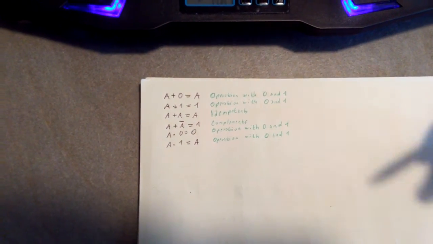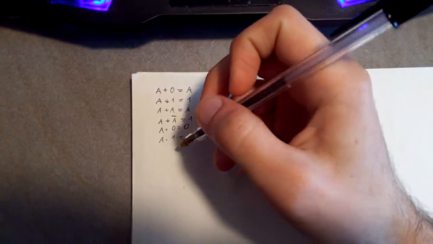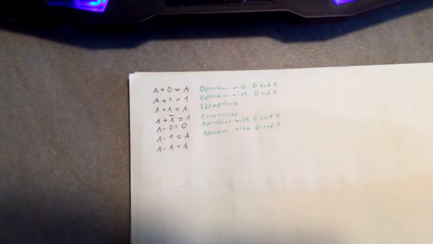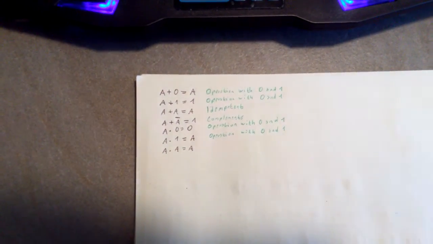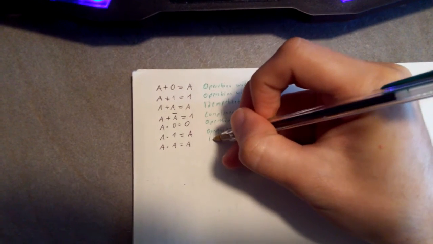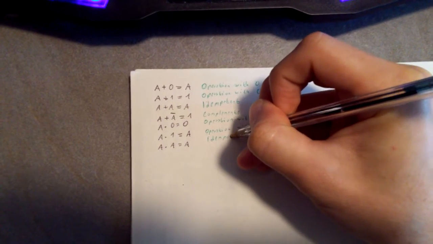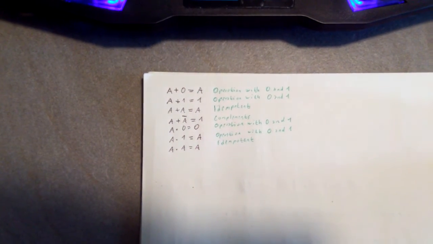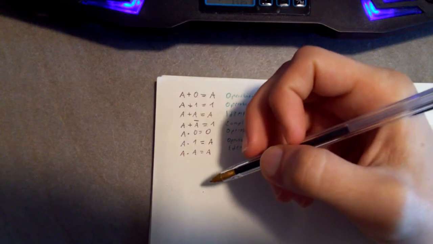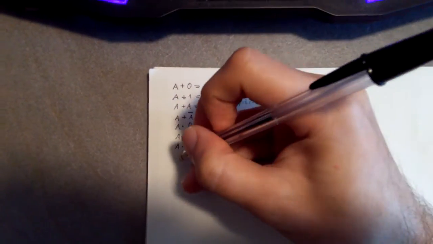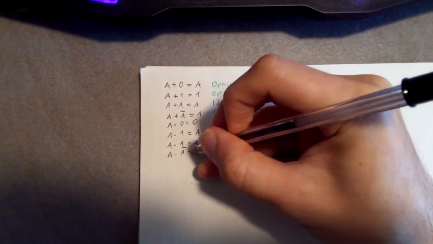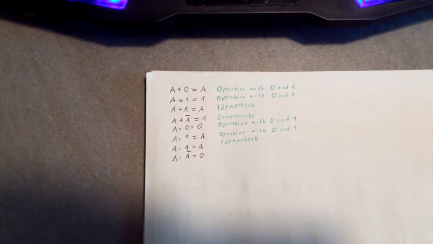And then we have that a times a is equal to a. And this is again the idempotent property. Well, actually identity more than a property, but anyway. Then we have that a times a naught is equal to 0.